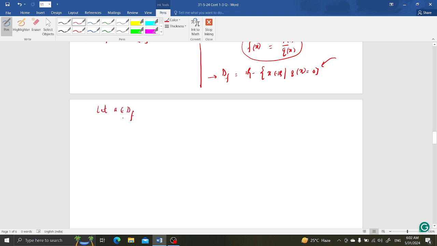From Df I will take a, and we observe that the LHL, the same thing we need to do, is limit x tends to a negative of f(x), which is limit h tends to 0 of f(a minus h), which is limit h tends to 0 of 1 upon x minus 5.